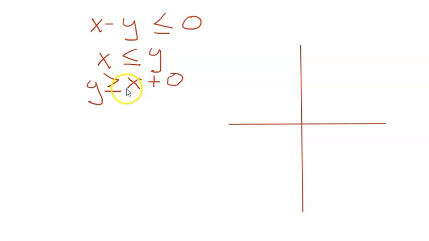Remember, our slope is 1, goes through the origin, over 1, up 1, over 1, up 1. So our line is like so. Extend it here.